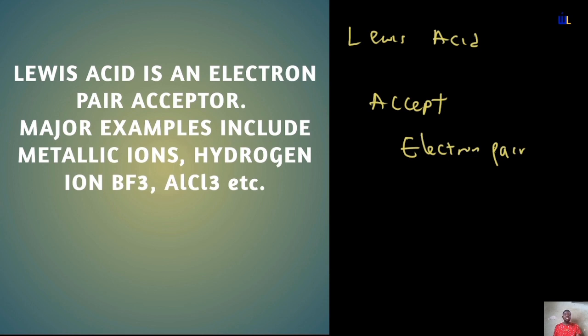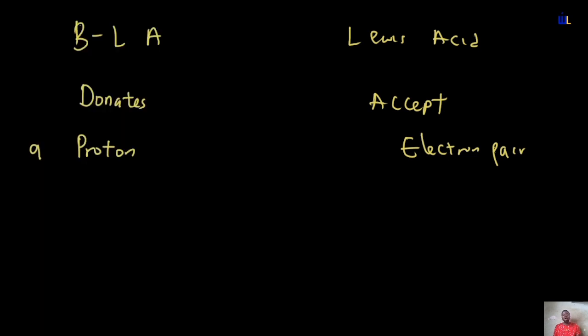Now, what are the things that might enable a substance to be considered a Lewis acid? Once you notice that the substance requires at least one pair of electrons for its outermost shell to be completely filled, suspect that it is a Lewis acid. The other thing is, once you notice that a particular substance has an empty outermost shell, it is most likely a Lewis acid.